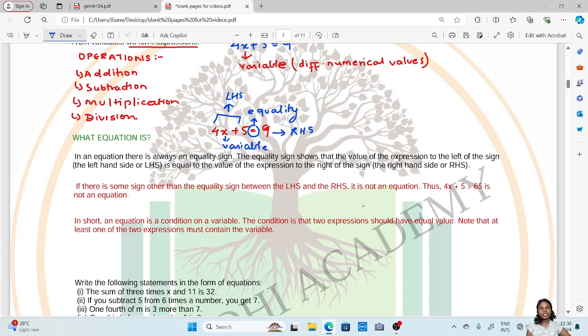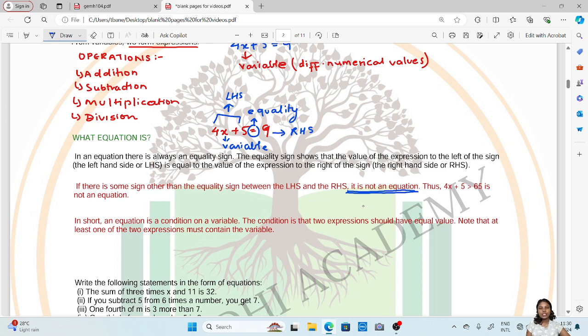Then we have the equality sign and we have the RHS. Now, a thing to be noted is that if there is some sign other than the equality sign between the LHS and the RHS, it is not an equation. If there is any other sign apart from the equality sign, then that does not make an equation.